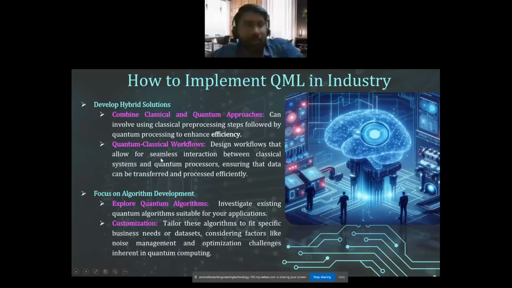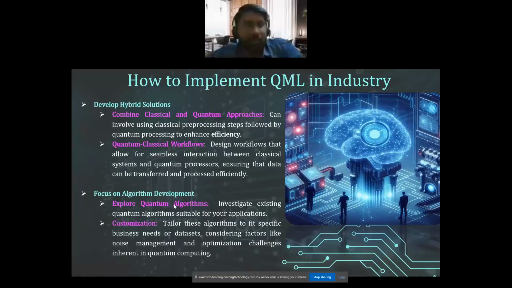Then we have algorithm development. We need to focus on algorithm development. Why? Because a lot of algorithms are available in the market, so we need to identify which algorithm will be suitable for our application. That way we can utilize the already available algorithms for our system, and there is no need to develop a newer algorithm.